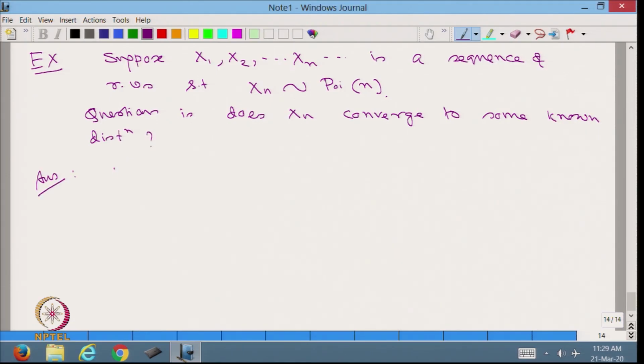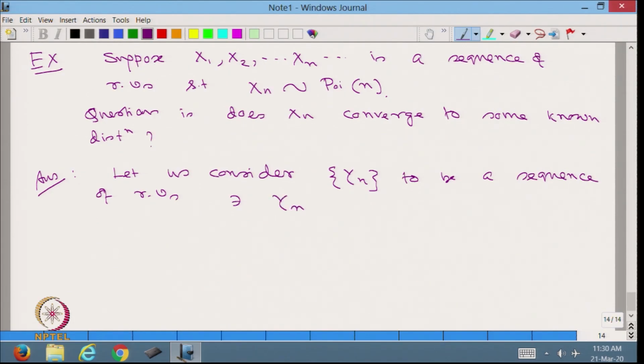Answer: let us consider yn to be a sequence of random variables such that yn is equal to (xn minus n) over root n.